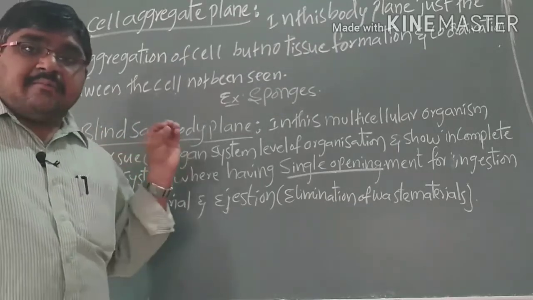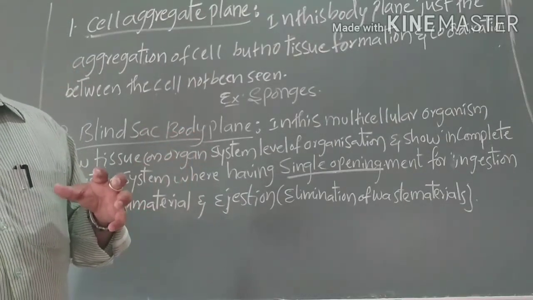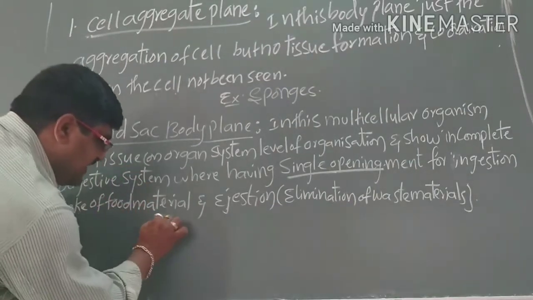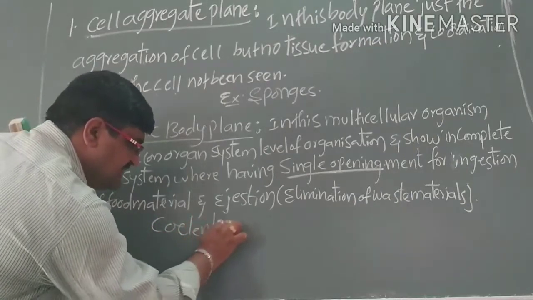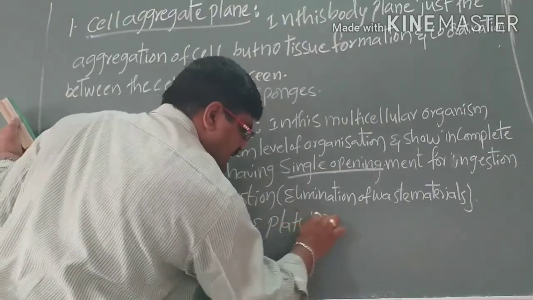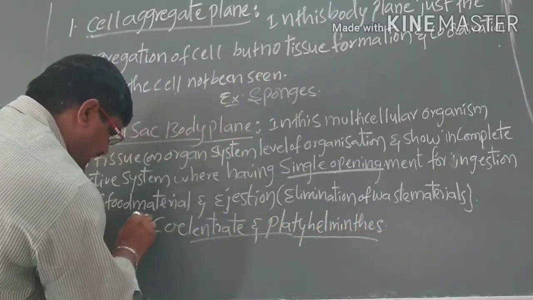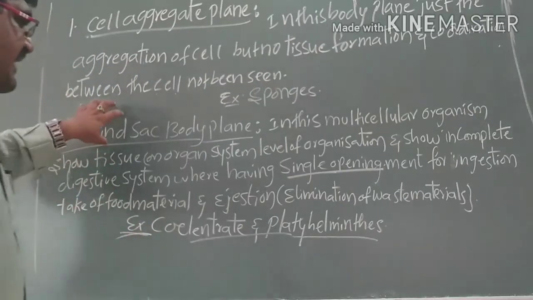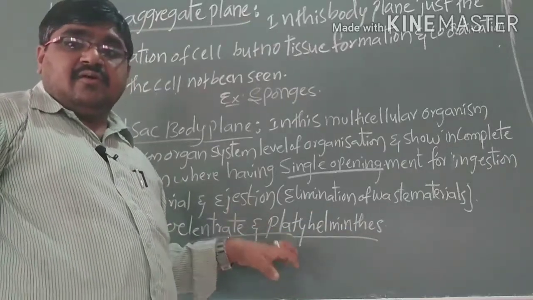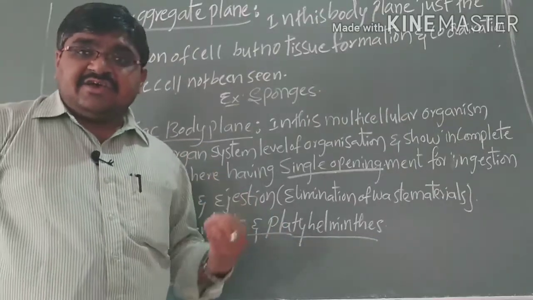We can see this in platyhelminthes and also in coelenterates. Examples of the blind sac body plan are coelenterates and platyhelminthes, which have only one opening, meant for ingestion and egestion.